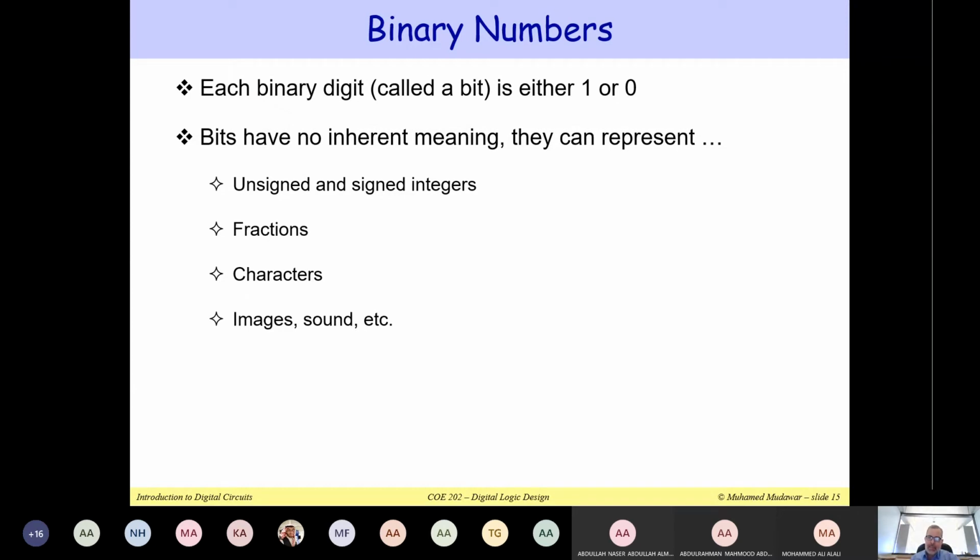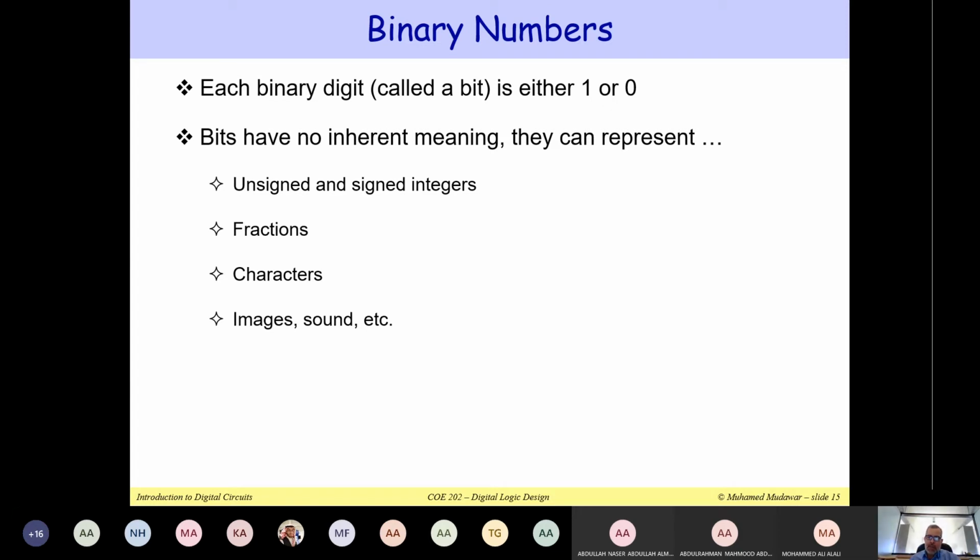That makes it a lot easier to deal with binary rather than with the decimal number system. We human beings are used to the decimal number system, but computers prefer the binary number system. For this reason, I need to talk about binary numbers and how to convert between binary and decimal in great detail. So this is my topic today.